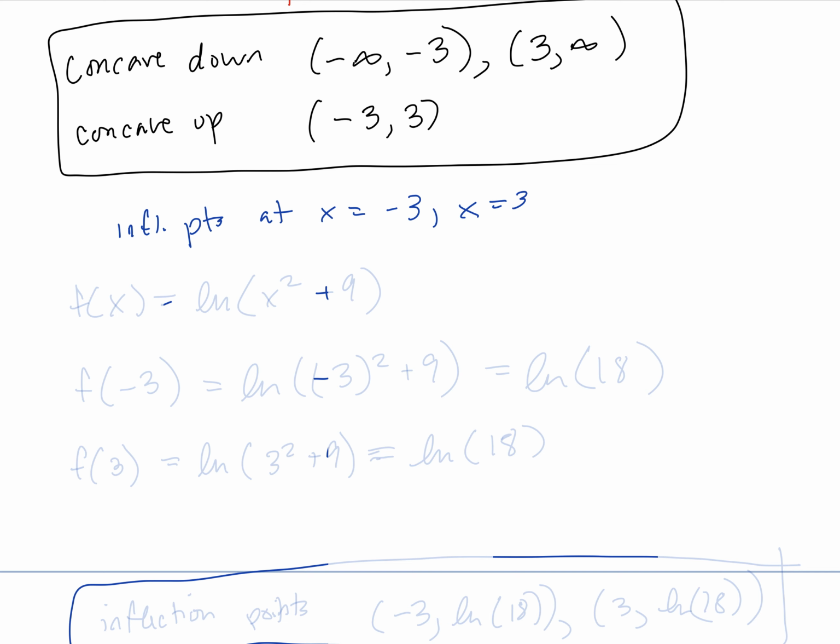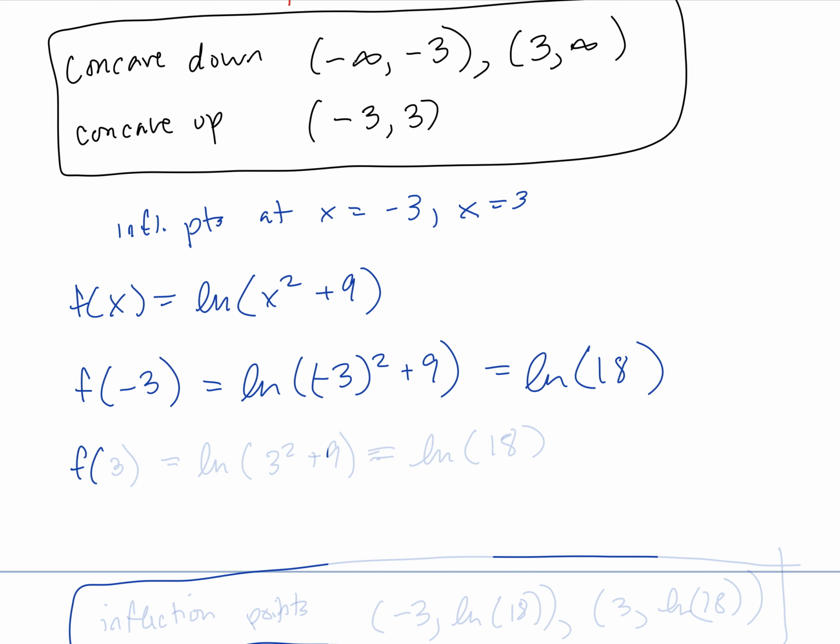To find the full value, we want to plug those into the original function. So our original function was f of x equals the natural log of (x squared plus 9). So when we plug in f of negative 3, we have the natural log of (negative 3 squared plus 9). That's the natural log of 9 plus 9, or 18.